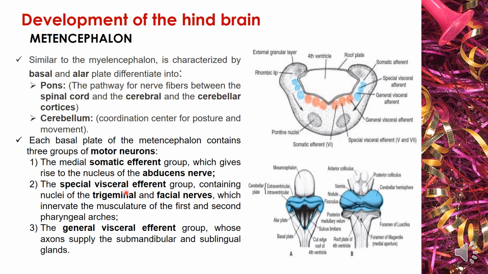Now, each basal plate of the metencephalon contains three groups of motor neurons.